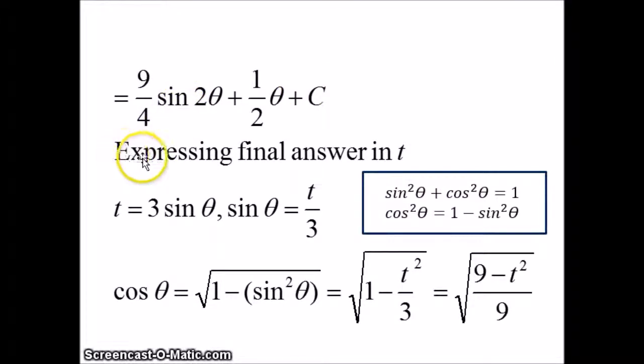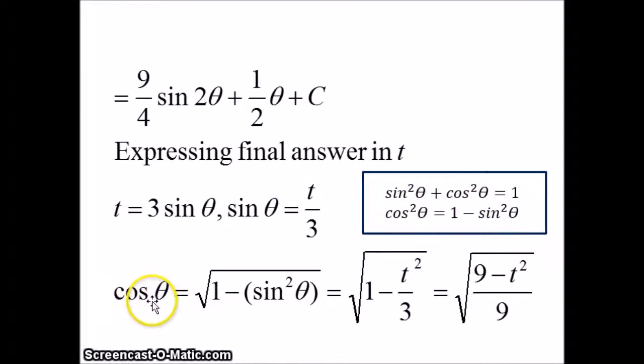However, we need to express our final answer in terms of t. From the initial substitution, we take t equal to 3 sine theta. So sine theta equal to t over 3. Without drawing a triangle, we can find our cos theta by using a trigonometric identity. We use sine squared theta plus cos squared theta equal to 1, and our cos squared theta equal to 1 minus sine squared theta.